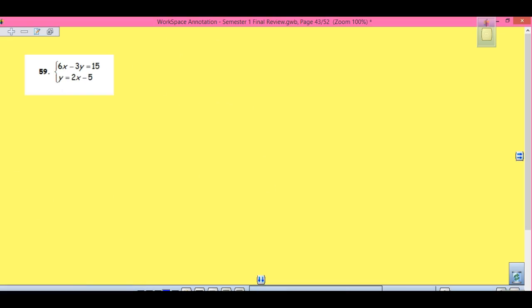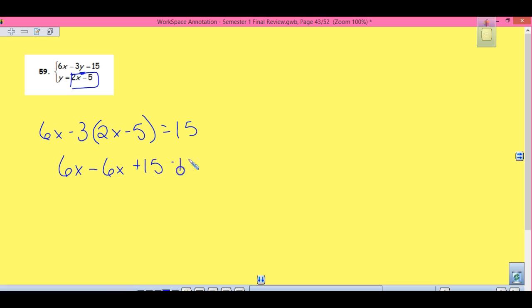Okay, one more substitution. Box up your y equals 2x minus 5. It goes in for y. 6x minus 3 times 2x minus 5 equals 15. So we have to distribute. 6x minus 6x plus 15 equals 15. What happens with my 6x's?